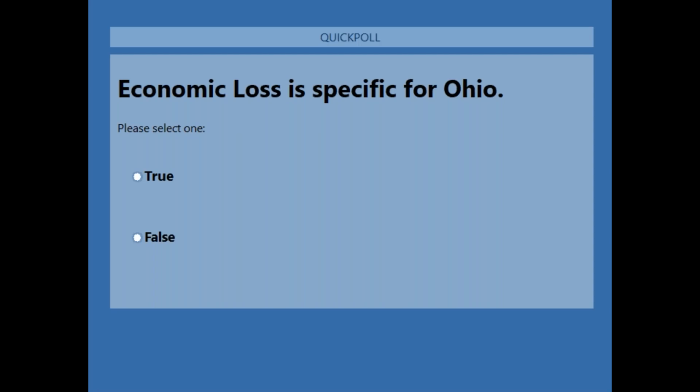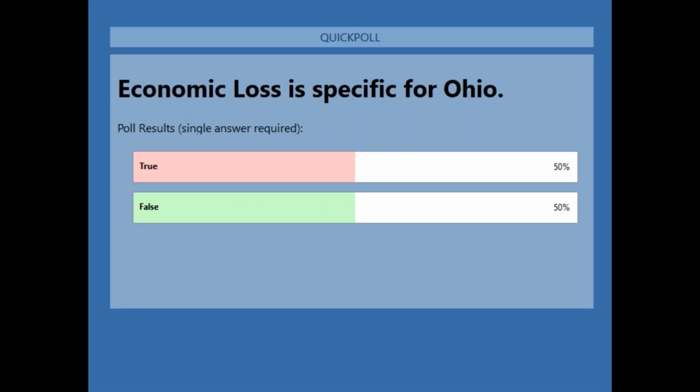Okay, so question number 2. Economic loss is specific for Ohio. Is this true or false? Okay, we got about 50-50 on that.